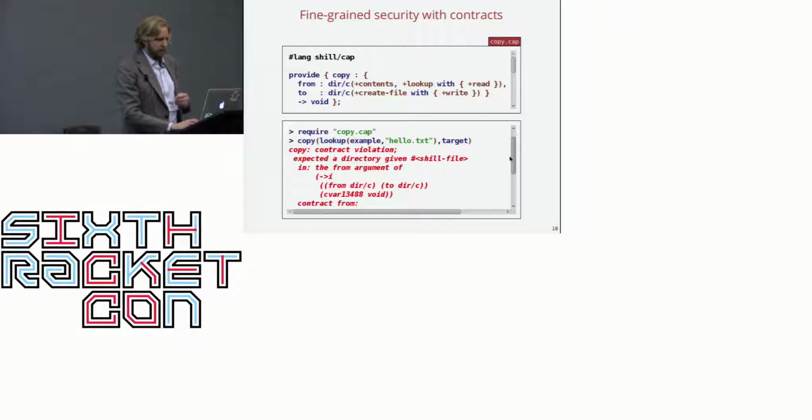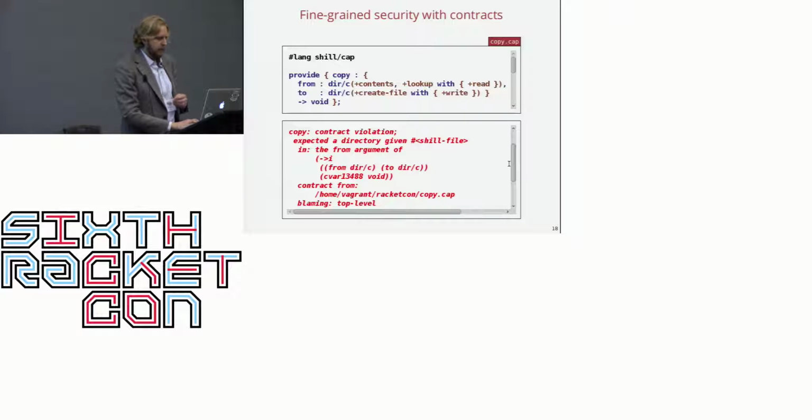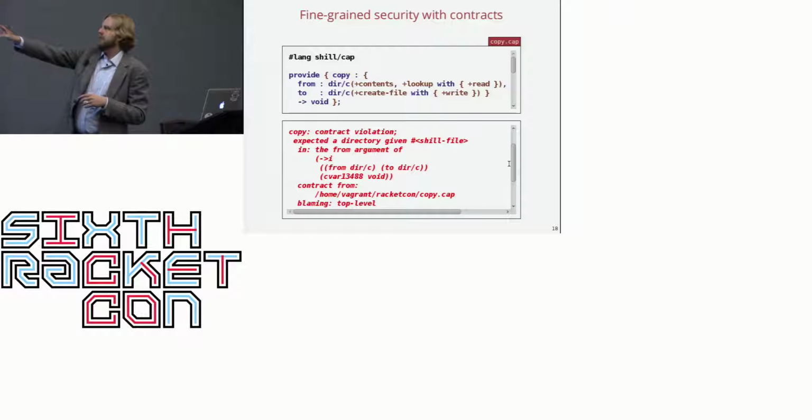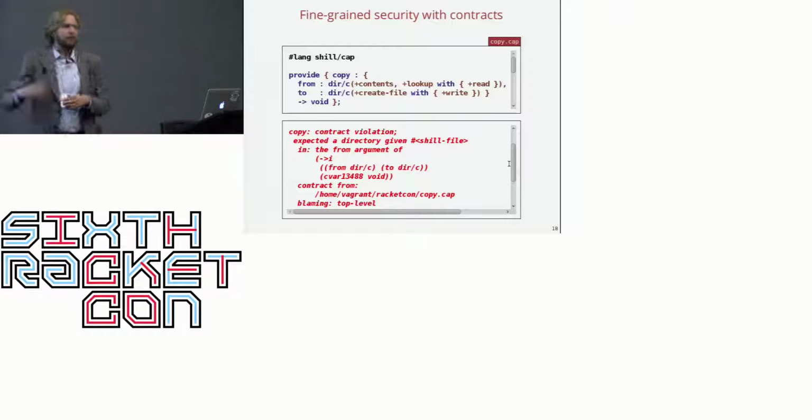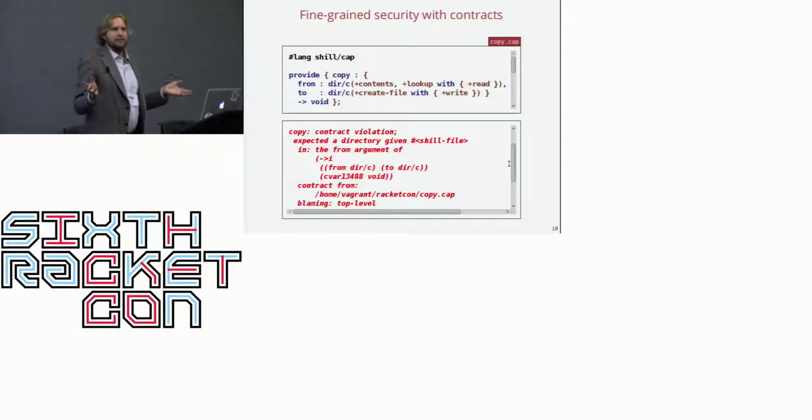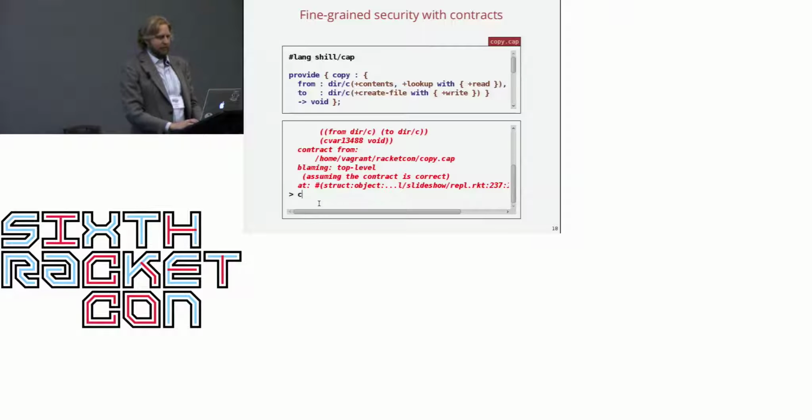Well, of course, this is going to go wrong, but instead of just silently going wrong, I'm going to get an error message that told me what went wrong and stopped execution so things wouldn't go worse. So this says contract violation, I expected a directory, but you gave me a file in the from argument. Nice from a programming perspective, but again, haven't really addressed security.